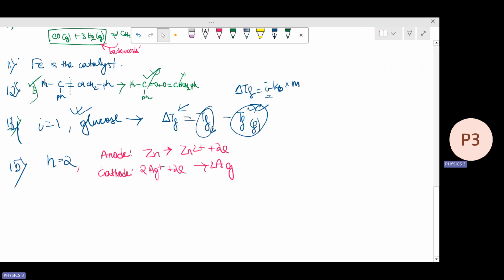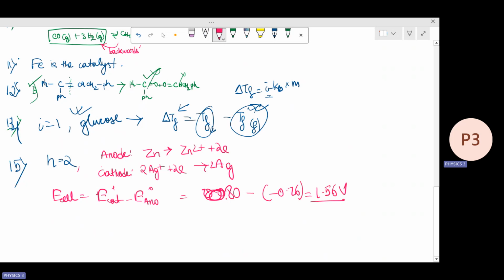Whenever we are going to find the E cell, it will be nothing but E cathode minus E anode. So it will be 0.80 minus (minus 0.76). That will give me 1.56 volts. So the right answer will be option 1. They have asked the delta G value.